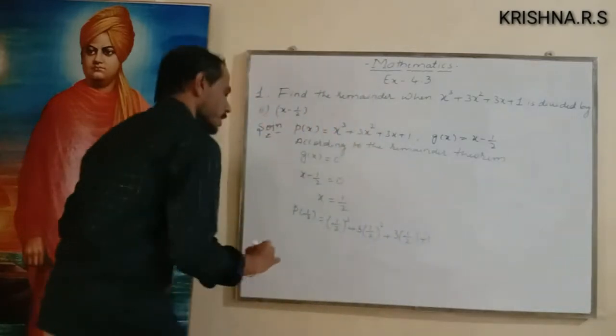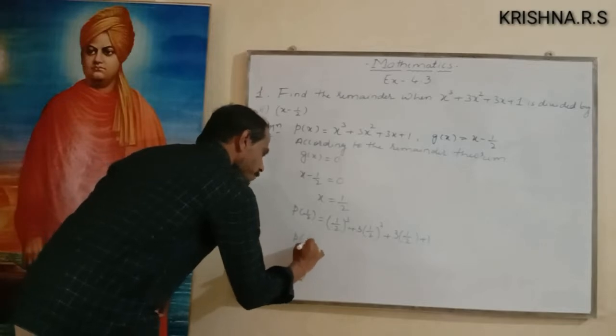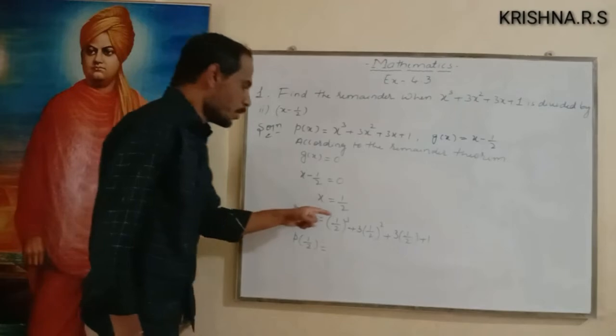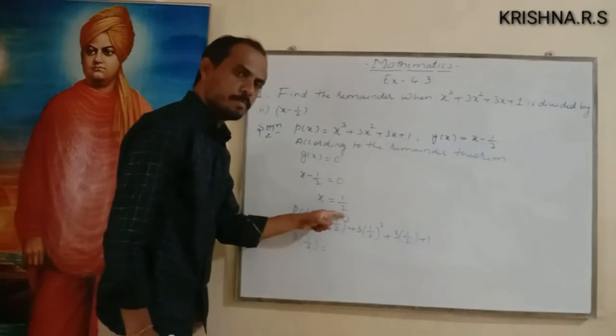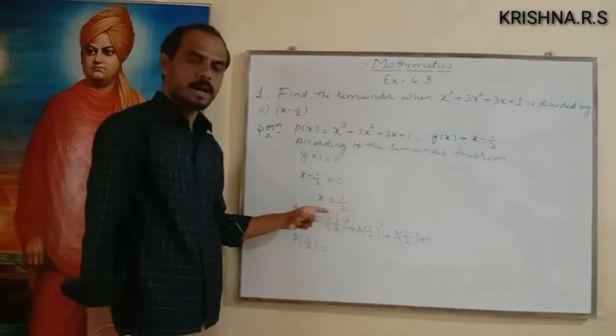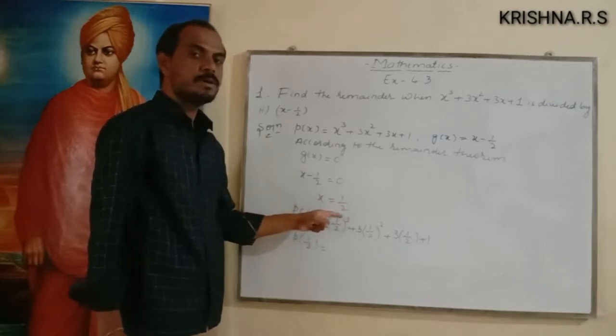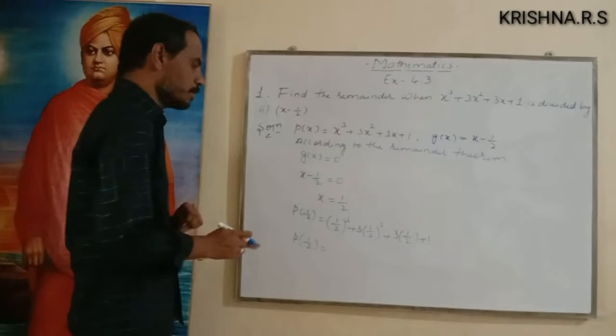Okay, P of 1 by 2 is equal to 1 by 2 whole cube. A by B whole cube, or A by B raised to M, is A raised to M by B raised to M. Like that, we have to use the exponent law.